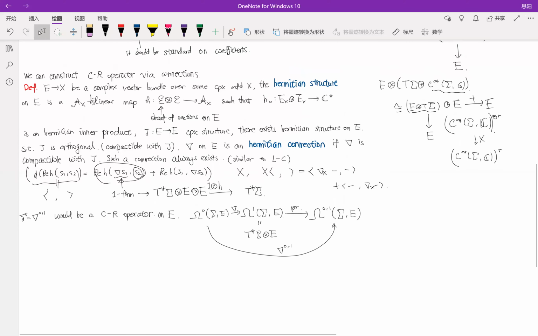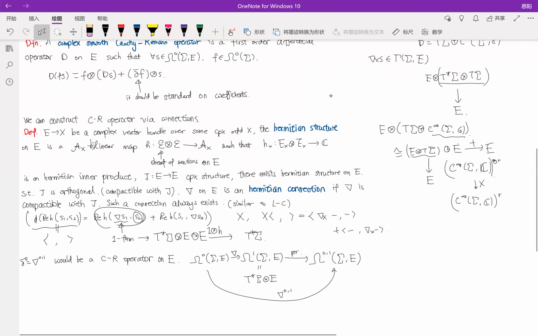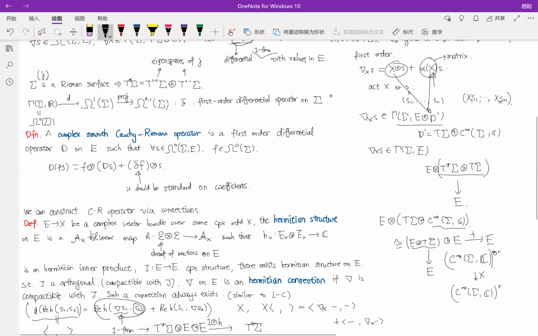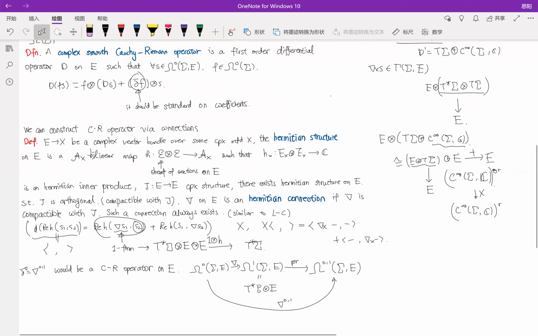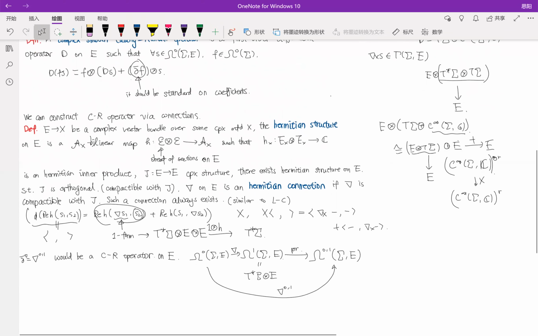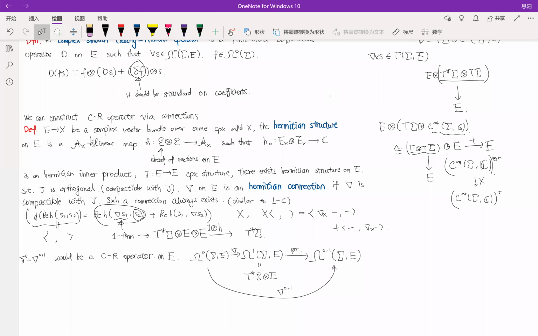So it can be easily verified, because we just need to verify the definition that it must be standard on the space of global sections, so that it will be a complex Cauchy-Riemann operator. But this follows from the Leibniz rule of the connection, because you know that the 0,1 part applied to fs will be equal to first dx on f times s plus f times this, which will be a tensor product.